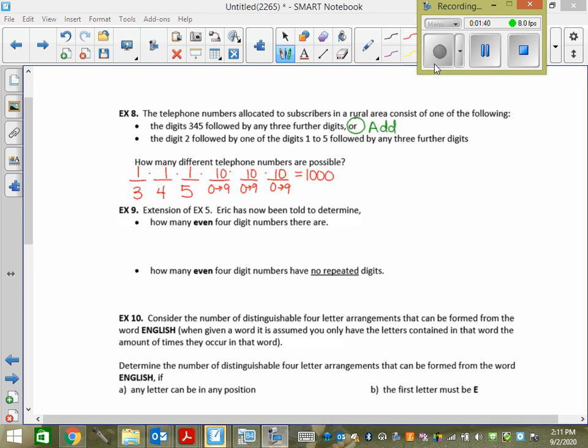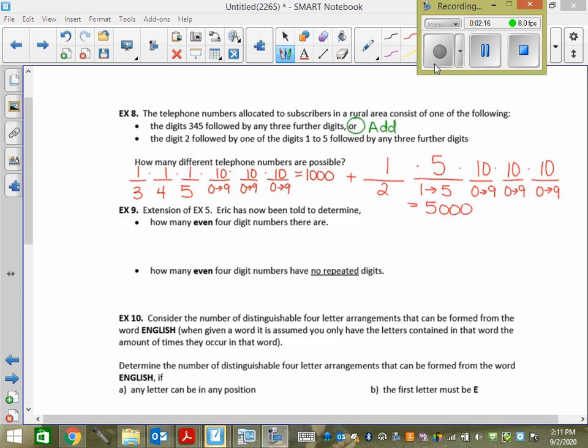Then or, so we're going to add that to the digit 2, followed by the digits 1 to 5, followed by any 3 further digits. So it's going to be 1, 5, 10, 10, 10, which equals 5,000.